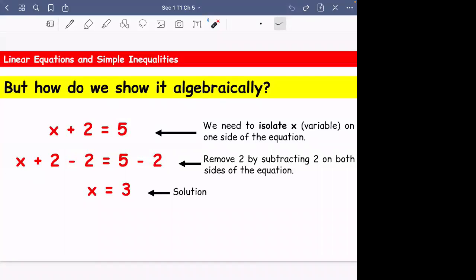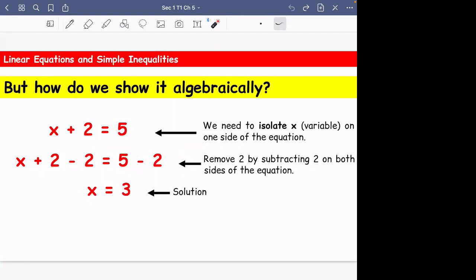Now, class, remember this. Equations are always equal, so whatever we do on the left side, we also do on the right side. They get the same treatment. So if we subtract 2 on the left side, we also subtract 2 on the right side. That makes them equal.